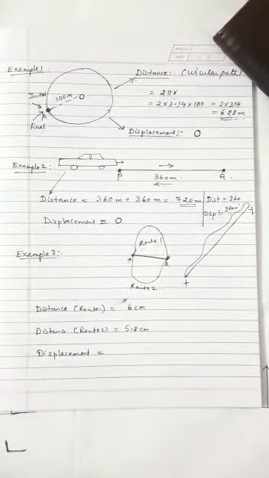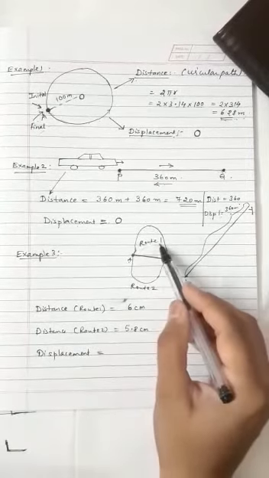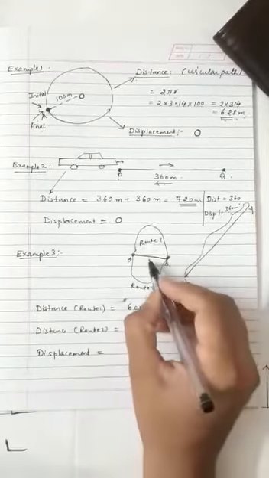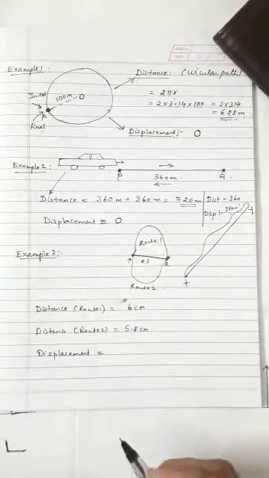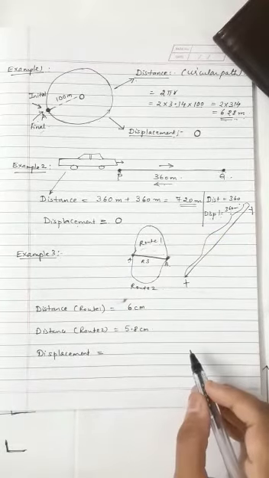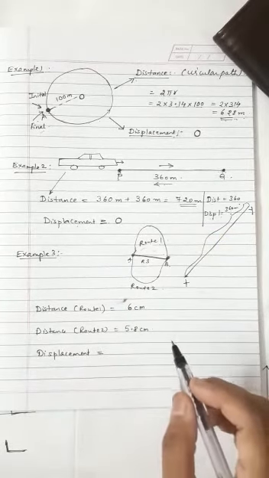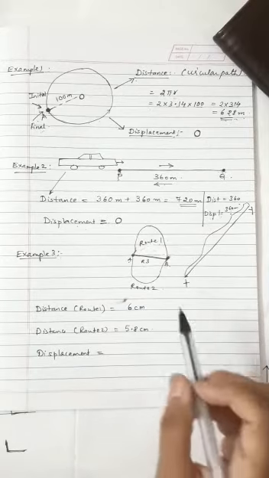And when I talk about displacement, now look children, I have route 1, I have route 2, and I also have route 3. So which one will be for displacement? What is the definition of displacement? Displacement is the minimum distance between the starting and the finishing point.